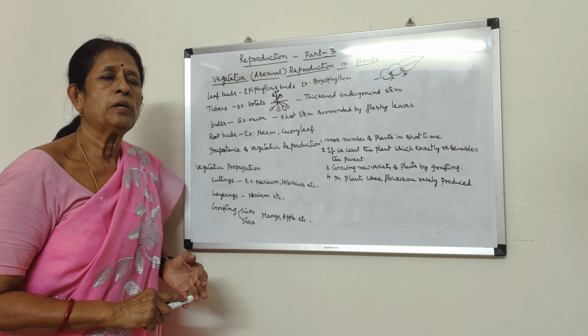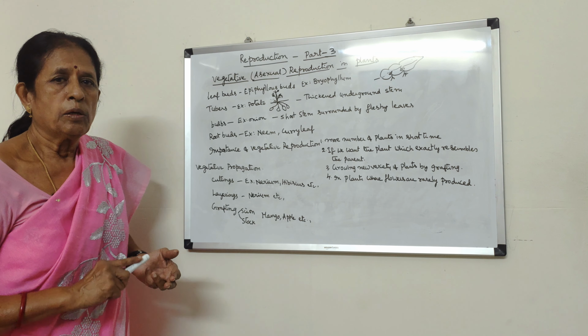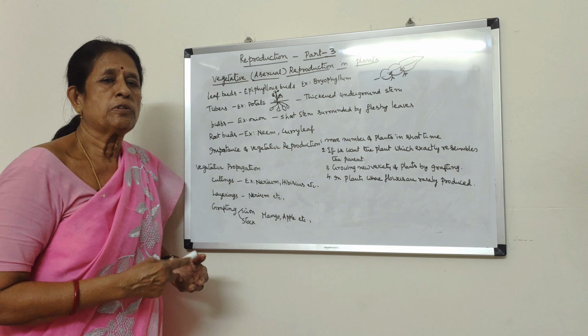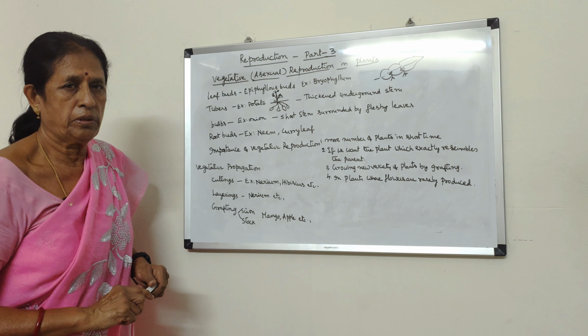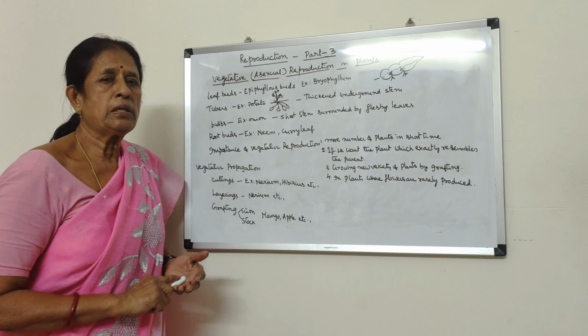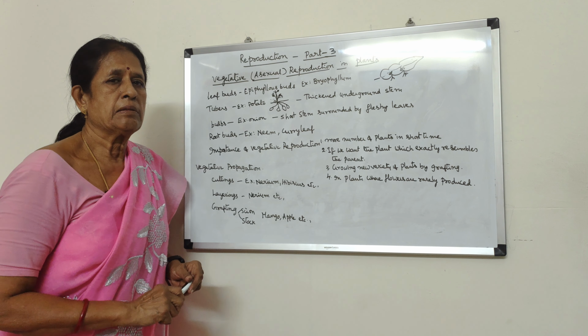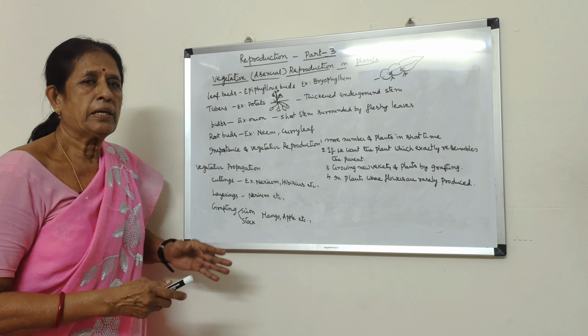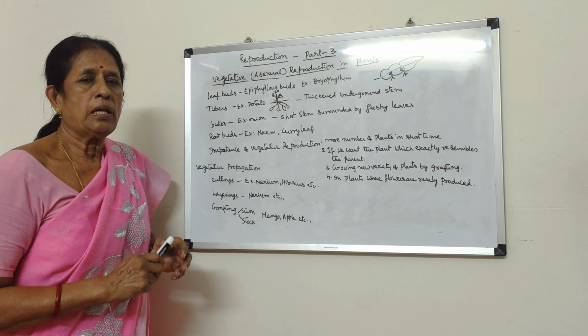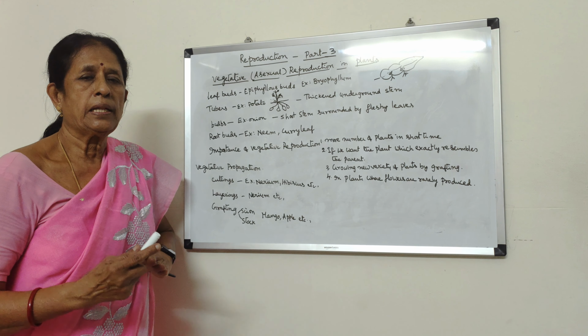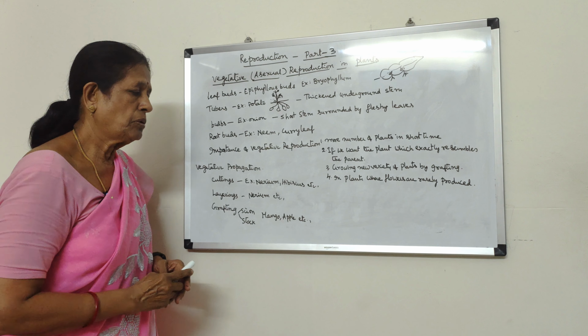In another plant, the root system is very good, but the shoot system is not good. So we want a healthy root system and a healthy shoot system. In such cases, we use grafting. We allow the plants to grow together with a healthy root system and a healthy shoot system.